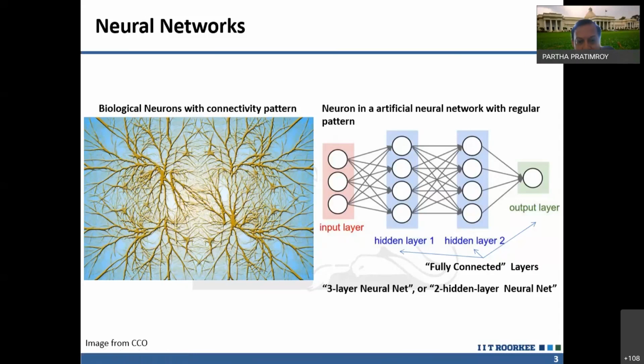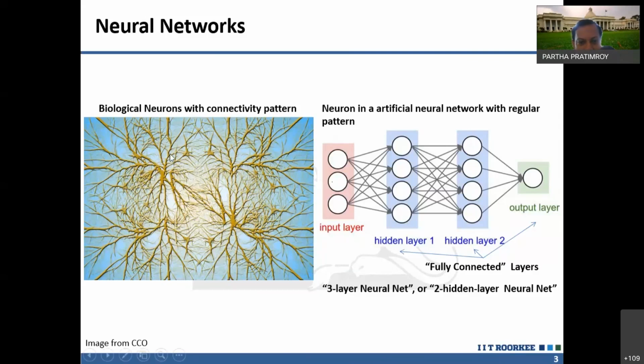This neural network was developed with a similar intention: it will consider the input from some other neurons, process it, and propagate the information to the next neuron. But the problem is that these connections are not so complicated. They are a little straightforward, in a simple way, so that humans can design them and use them in their applications.